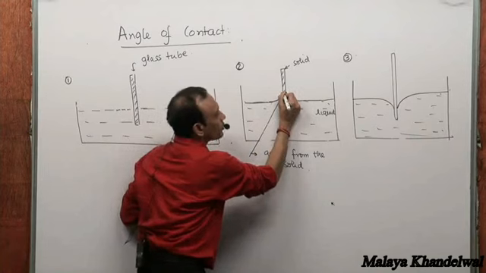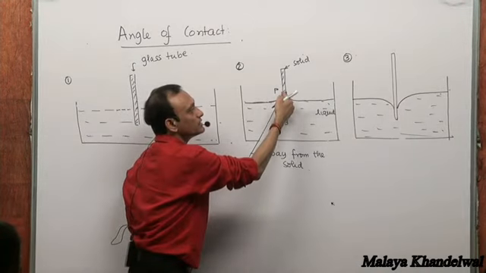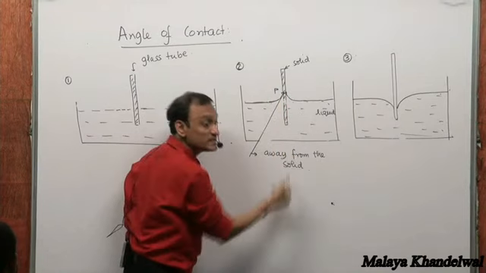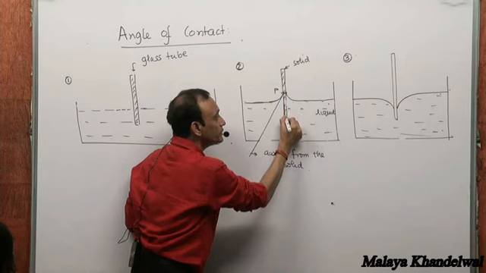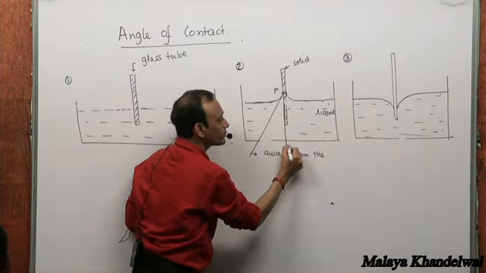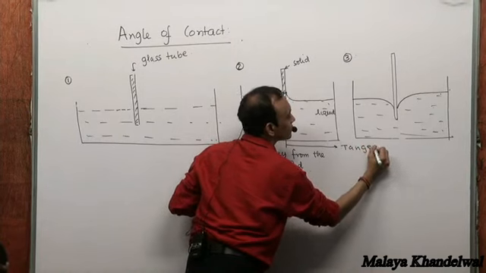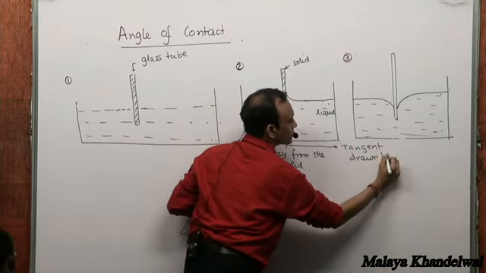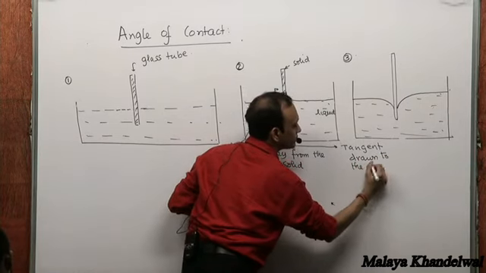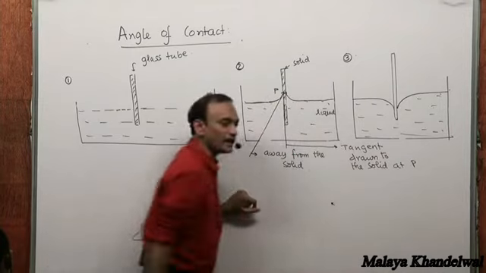Now, this is my point of contact, say P. At this point, I can draw a tangent to the solid towards the liquid. What is this? This is a tangent drawn to the solid at P. P is the point of contact.